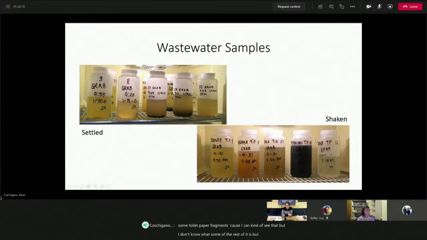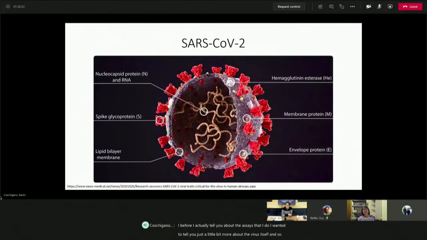But before I actually tell you about the assays that I do, I wanted to tell you just a little bit more about the virus itself. This is just a stylistic picture of a SARS-CoV-2 virus. SARS-CoV-2 actually stands for Severe Acute Respiratory Syndrome Related Coronavirus 2. That's the name of the virus.